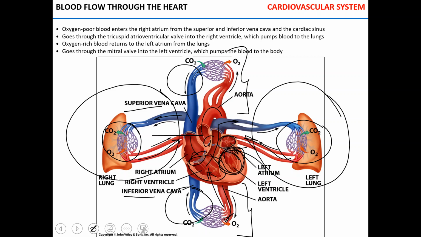Since it is shorter, right ventricle doesn't have to develop significant pressure and doesn't need as strong muscle as the left ventricle does. So essentially, since left ventricle has to pump blood into the long, huge systemic circuit with a high resistance, it must have a thick muscular wall, much thicker than the right ventricle has.